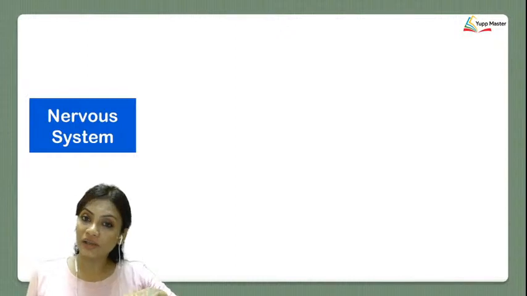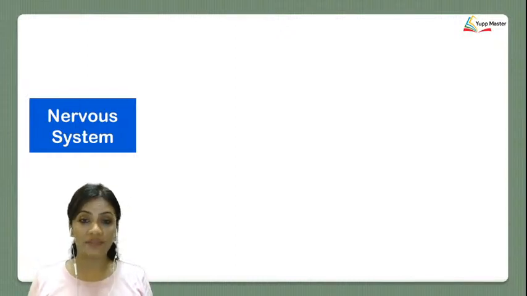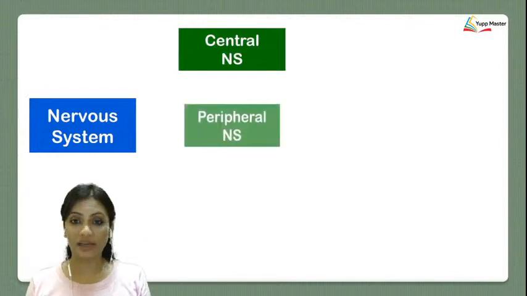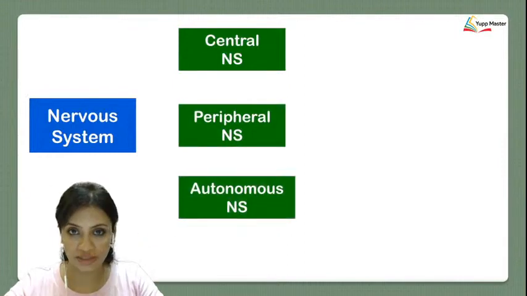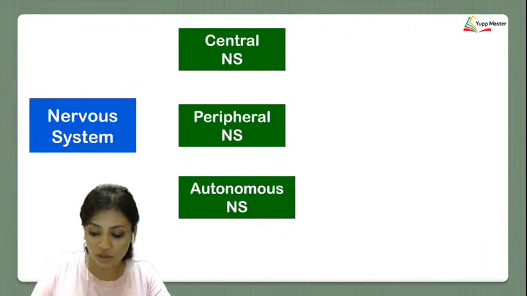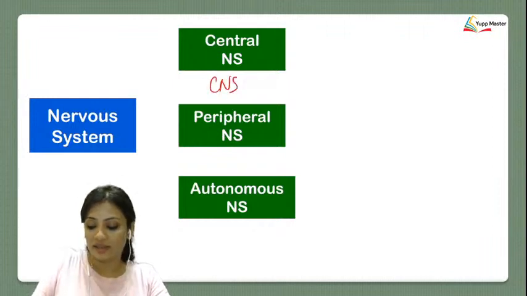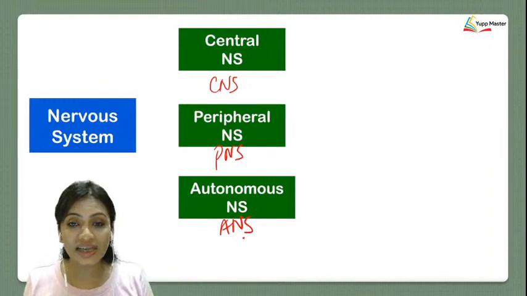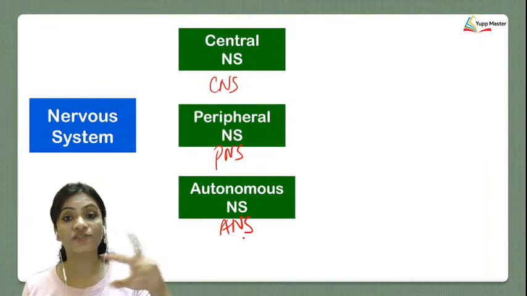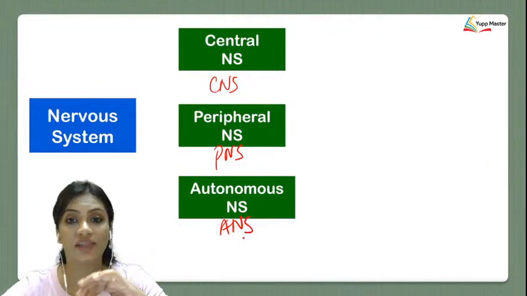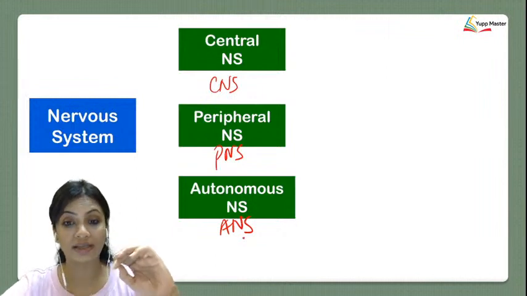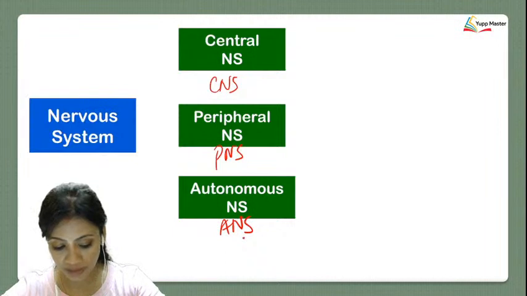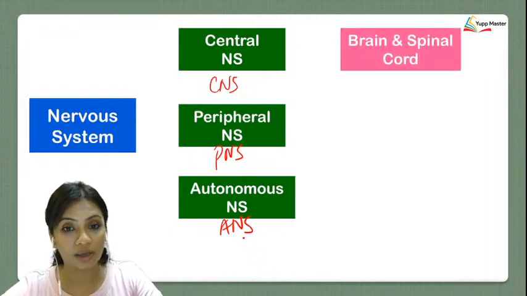When we talk about the nervous system of the frog, what is there in the nervous system? It has a central, a peripheral and an autonomic nervous system. So the frog also has the CNS, the PNS and the ANS. Now let us see their further bifurcations. You will see even this is very similar to humans. The central nervous system has the parts brain and spinal cord.